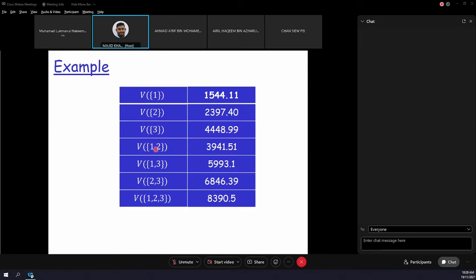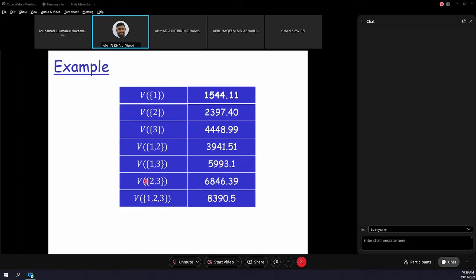But when player one combines or correlates with player two, you get 3941.51. You can just add this value and this value together. Next, when player three is combined with player one, they will get 5993.1.